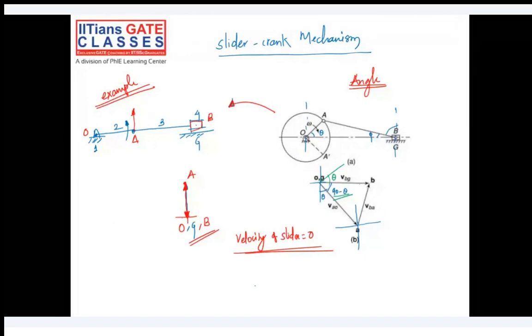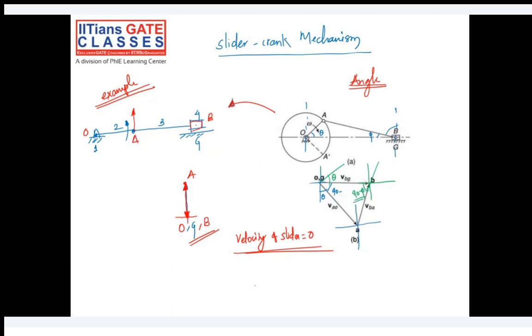So similarly, let's say this is point B, and the velocity of this point is this. So this is our phi they have given. Okay, so this will be your 90 minus phi. So you understood how I have written this 90 minus theta and 90 minus phi.